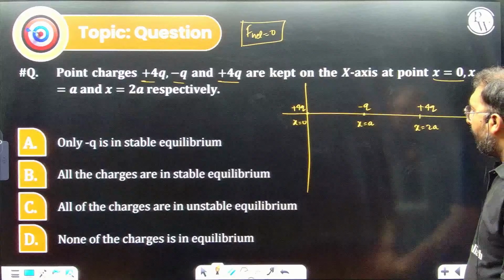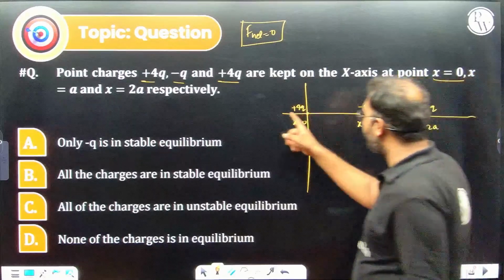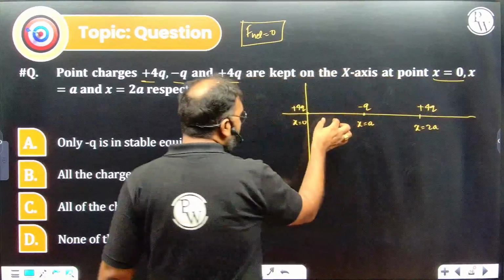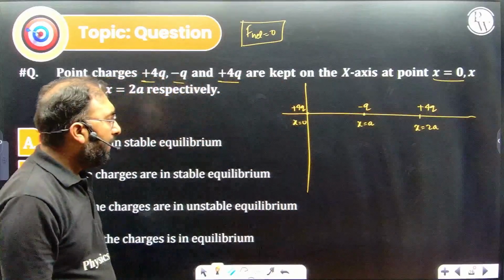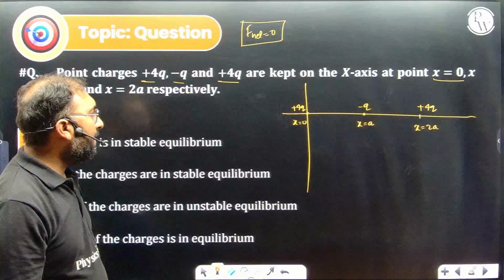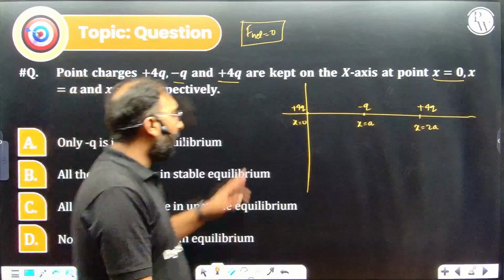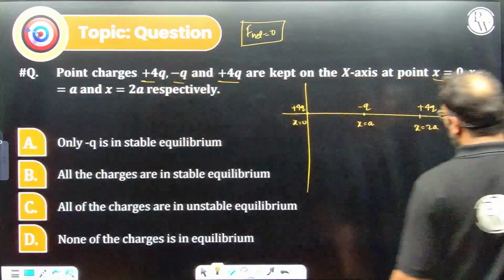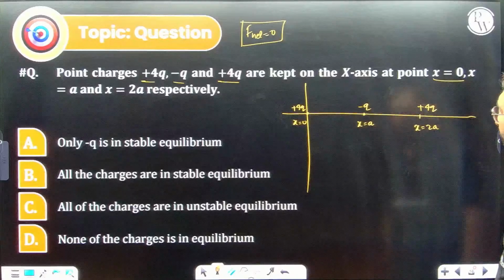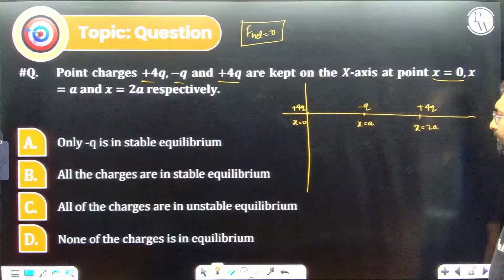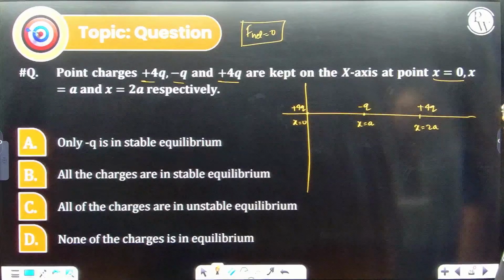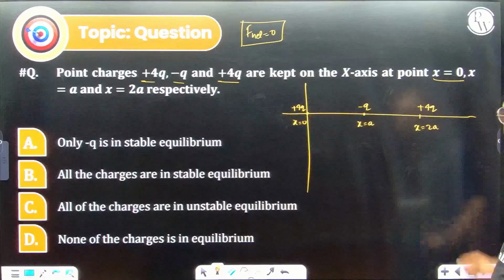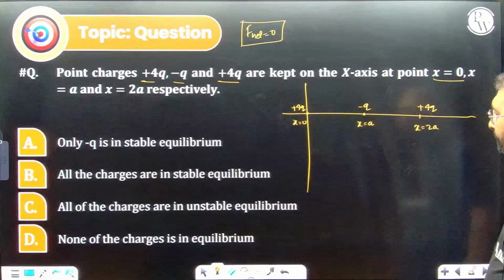And if I just move it here and there, this distance will change, the forces acting on it will change, and I can see that between these two equal charges 4q and 4q, if it is slightly disturbed, then it will not come back to its original position. So this is not the case of stable equilibrium, and it will happen with all the charges.